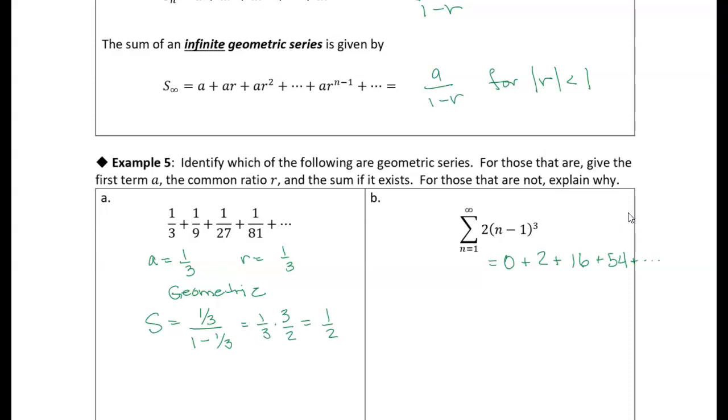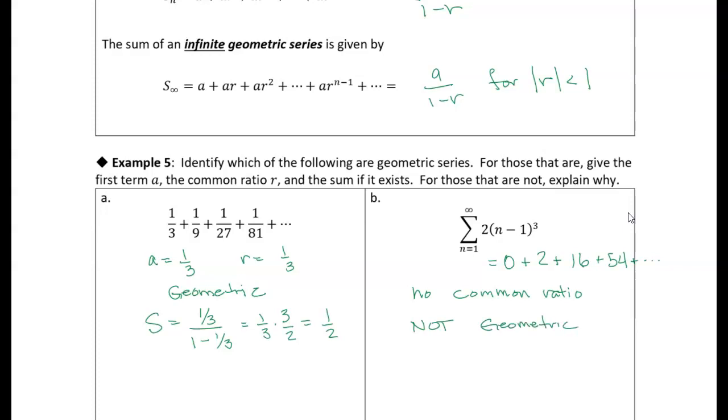So if we look at consecutive terms, 2 divided by 0, well, that's nothing. 16 divided by 2 is 8. 54 divided by 16 is certainly not 8. So the problem is we don't have a common ratio. And if it doesn't have a common ratio, then it is not geometric.